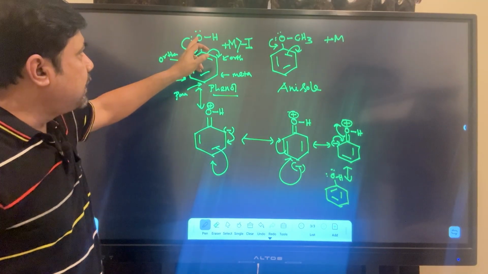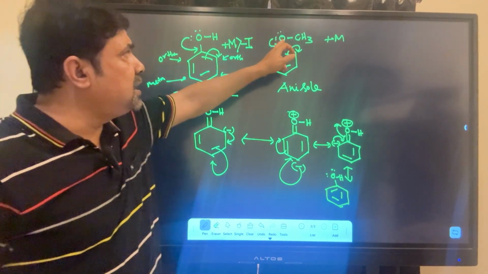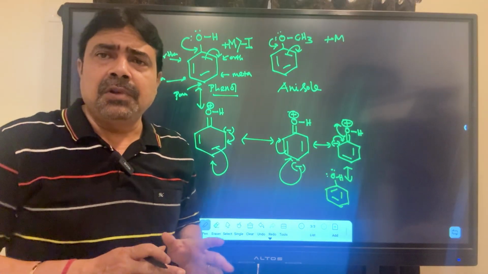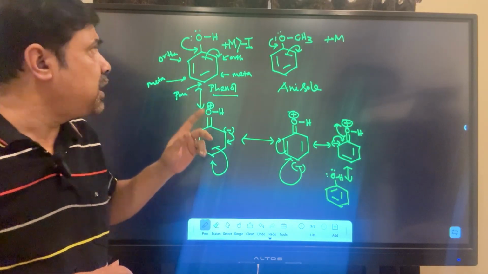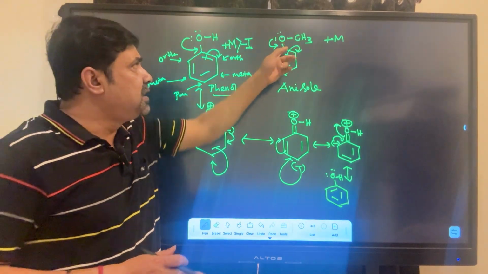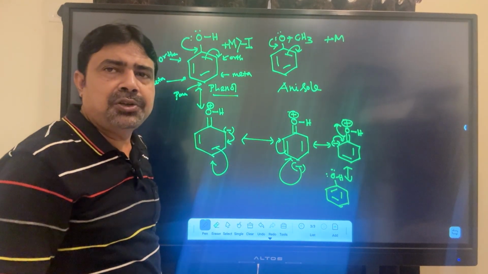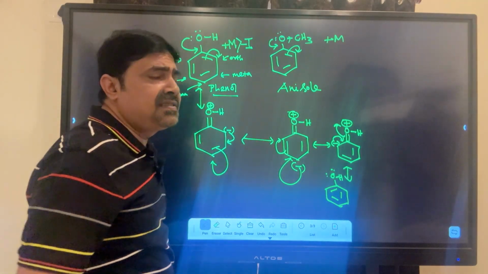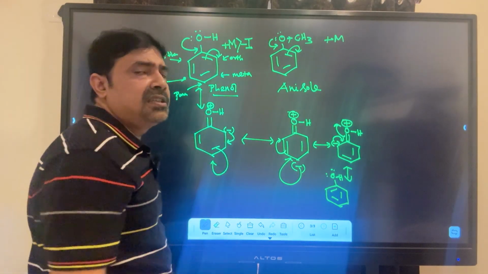Now look here: oxygen is attached to a hydrogen atom, whereas here oxygen is attached to a carbon atom. Carbon has more electronegativity compared to hydrogen. That's why compared to the hydrogen atom, this carbon will slightly withdraw electrons through the sigma bond towards itself. That's why in the case of OCH3, the releasing power will be a little less compared to the OH releasing power.